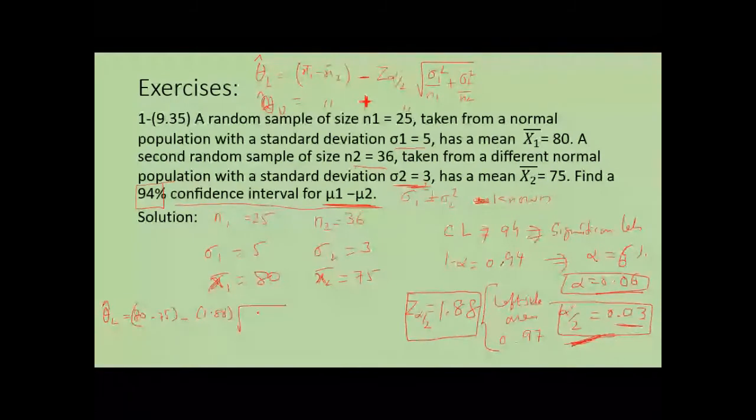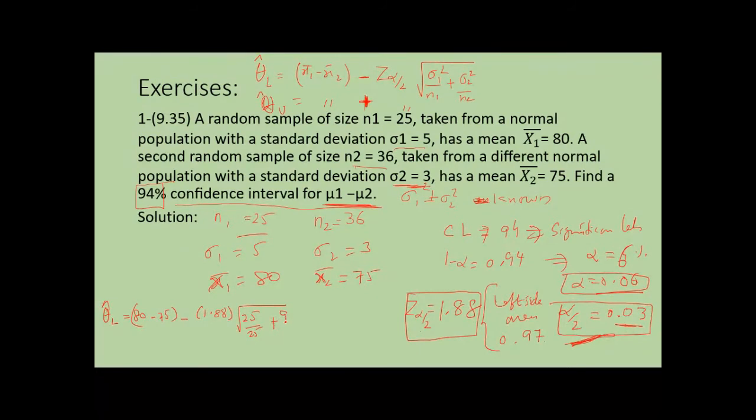Under the square root, sigma 1 is 5, sigma 1 square is 25, and the sample n1 is also 25. And sigma 2 square is 9 over 36. No need to do it manually, you are allowed to use a calculator. So what is the value of this one? Use the calculator and check the value. Is it 2.9? Check.